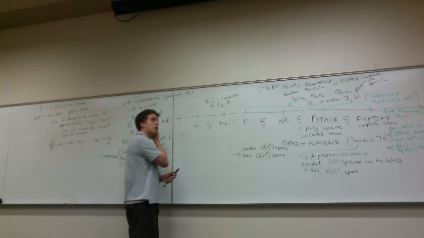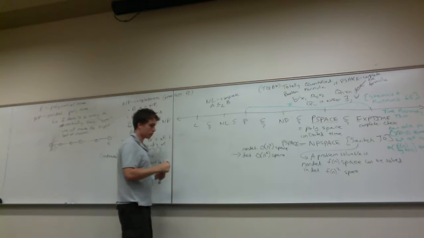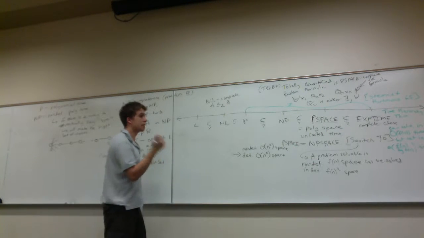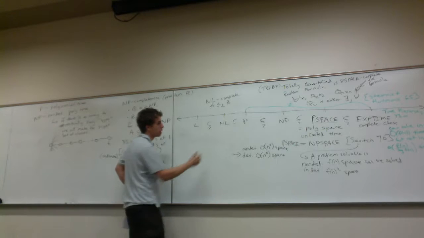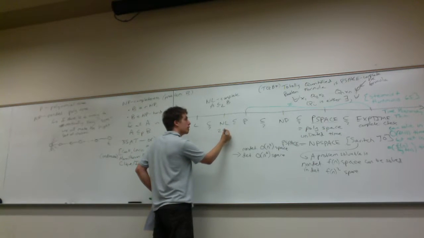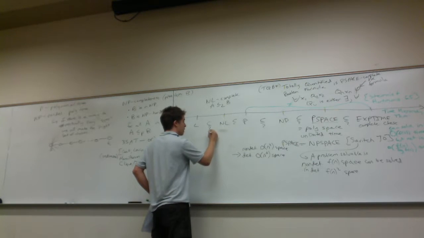There are a few other things you need to worry about, but essentially that's what you're trying to do. And so it turns out that there are NL complete problems. One of them that you've actually kind of solved on your homework is 2-SAT. So I'll just write NL complete.